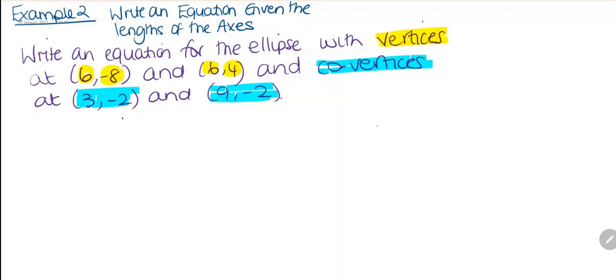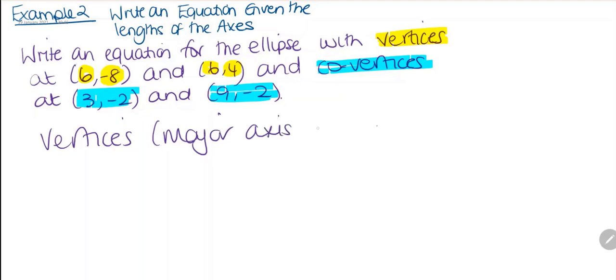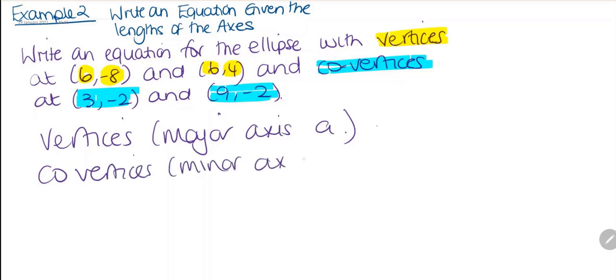So the vertices are our major axis, which is going to be A. And our co-vertices are our minor axis, and this is going to be B. If we look at our coordinates, we have (6, -8) and (6, 4).